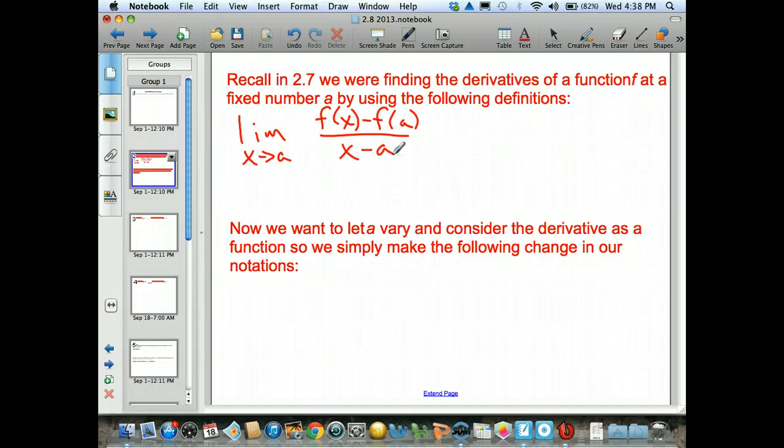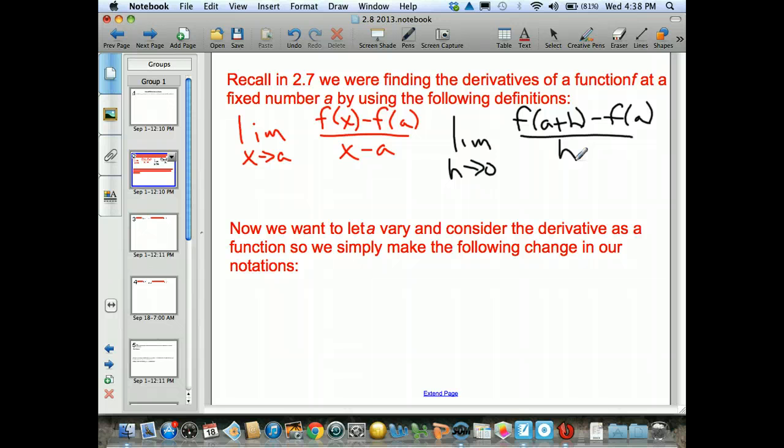We also said we can look at a different limit that gives us the same result: the limit as h goes to 0 of f of a plus h minus f of a all over h. Now, the only difference here is we're going to look at this as a function, and we're going to call that f prime of x, instead of at a point, f prime of a.